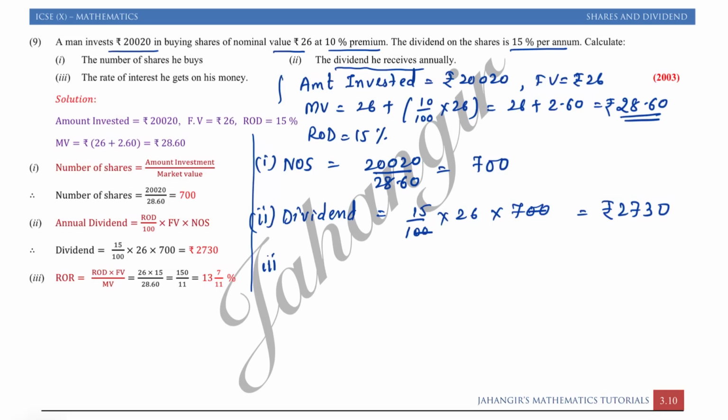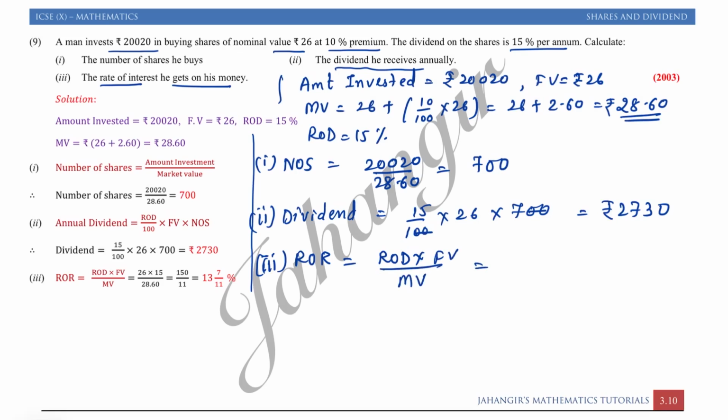Now in the third part we want the rate of interest he gets on his money. So what is the rate of interest? It is the rate of return. So rate of return is what? ROD into FV upon MV.